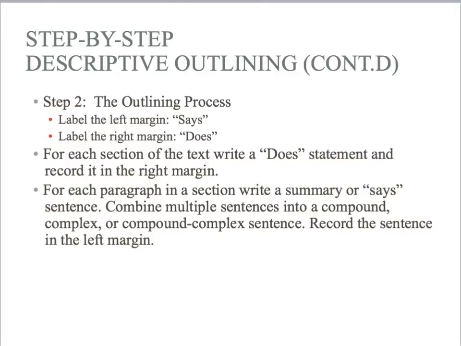If you've got a section that has multiple paragraphs and each paragraph has its own set of information, you might end up writing a sentence for each of the paragraphs and then combining them into a compound sentence or complex sentence or compound complex sentence, depending on the information. But whichever way you go, you would record the summary sentence, that set of sentences, as one sentence in the left margin.